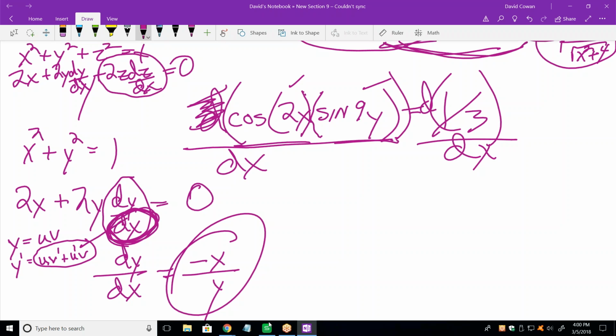Okay, so the first thing you're going to do is u prime. And u prime again was minus sine 2x times 2. And then times the sine of 9y.